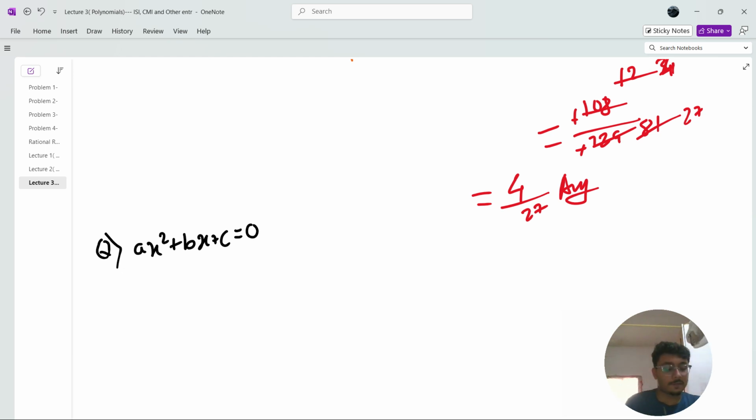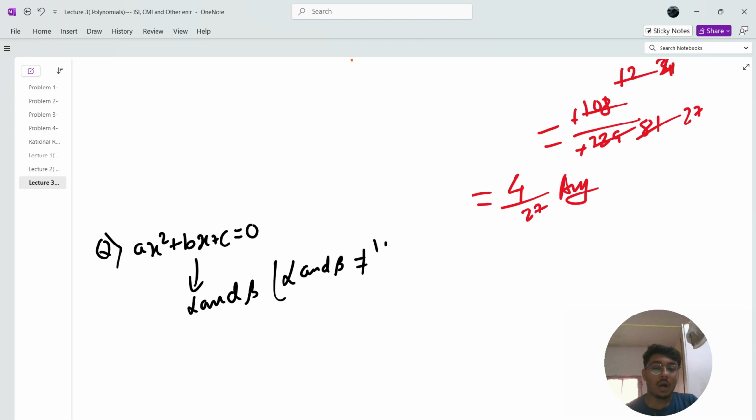So my ax square plus bx plus c equals 0. Again, it has two roots, alpha and beta. Similar question, both of which are different from half. So alpha and beta both are not equal to half.